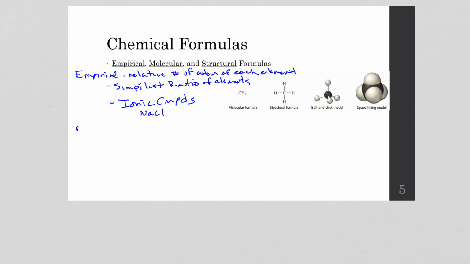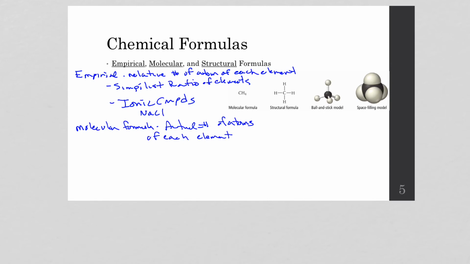The second type is the molecular formula. This shows the actual number of atoms of each element.